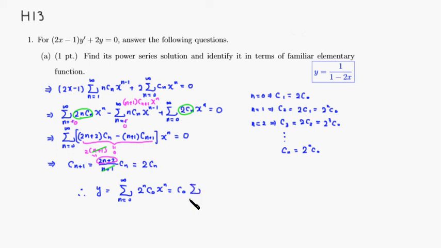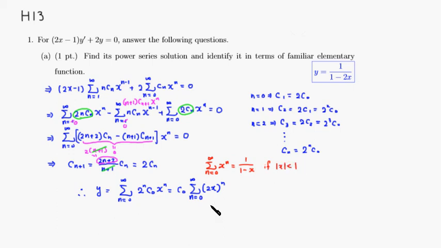We have C0 times summation n goes from 0 to infinity of (2x) to the n. And remember that we have this series: if you have summation n goes from 0 to infinity of x to the n, this is 1 over 1 minus x if it converges.